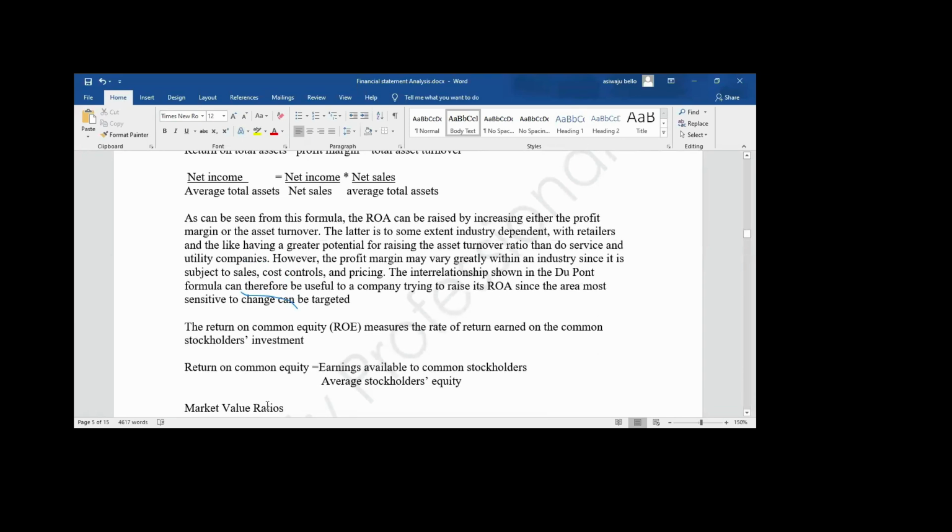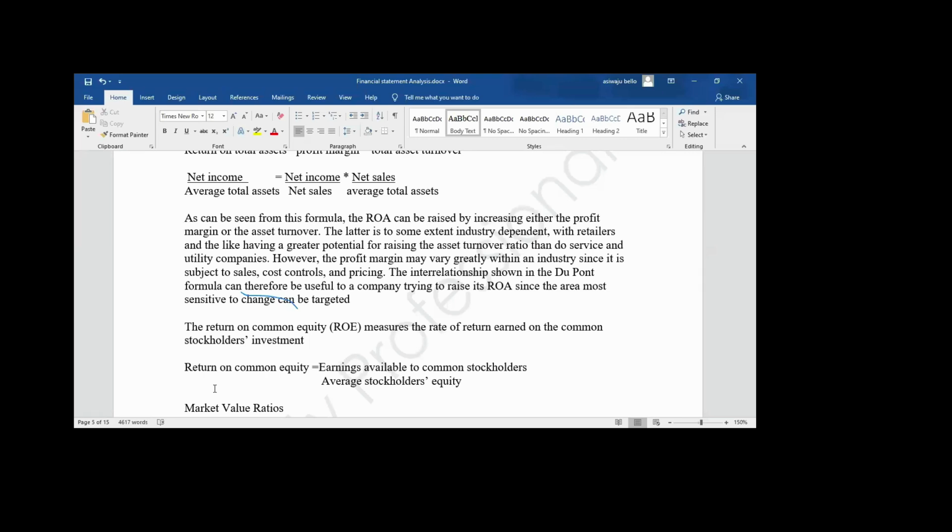We also have return on equity. You know, we are looking at profitability ratios. You can compute return on equity. Your return on equity is return on shareholders' funds. And this is calculated as what? Your profit after tax divided by the shareholders' funds.